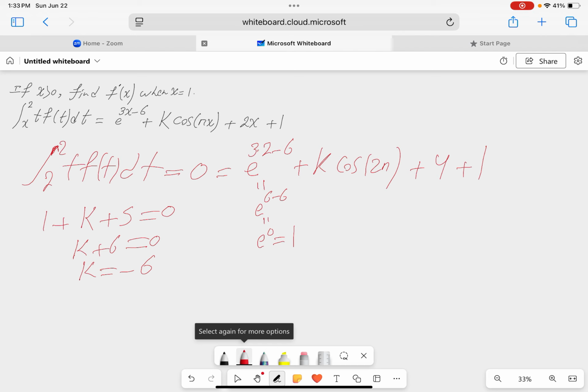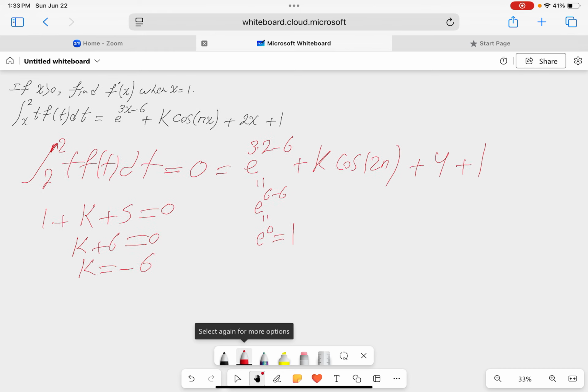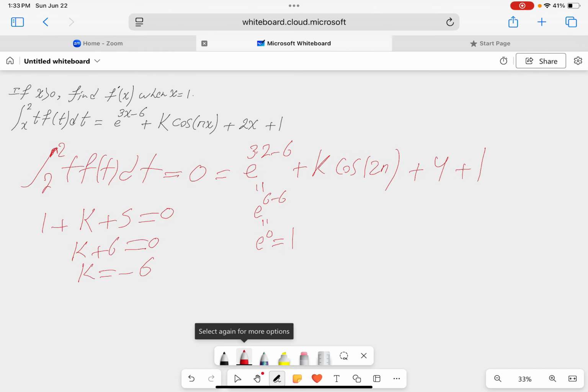To make taking the derivative of the left hand side a little bit simpler, I'm going to change the interval ending and starting, so this becomes the integral from x to 2. That makes the integration a little bit easier.